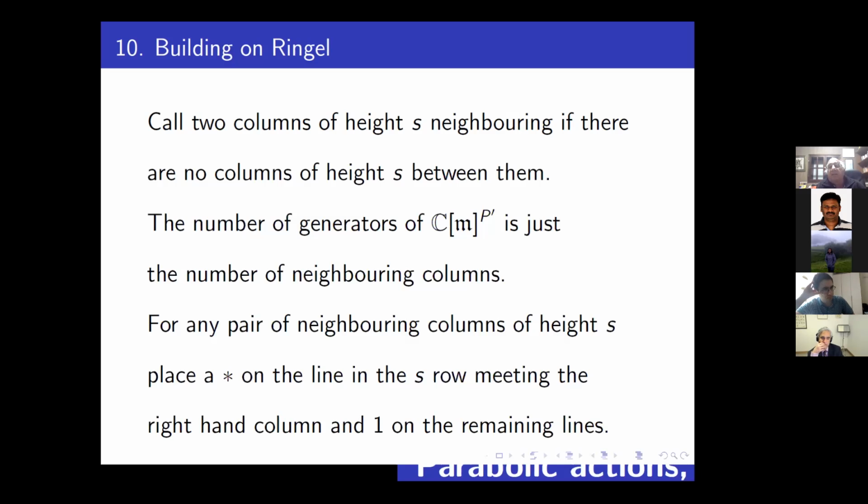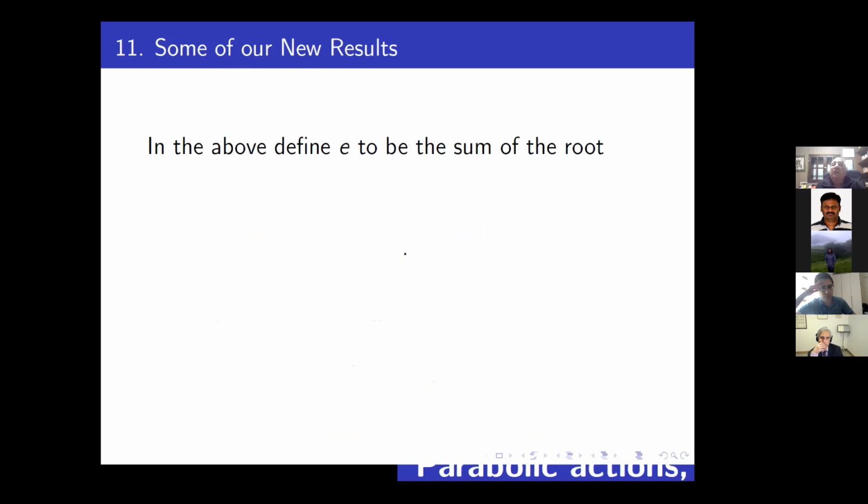But just imagine we have a set of horizontal lines, a one on all of them, except on the S row between two neighboring columns of height S, with a star meeting the right-hand member of this neighboring pair. Now what we do is we define E to be the sum of the root vectors with one, and V to be the sum of the root subspaces with star.